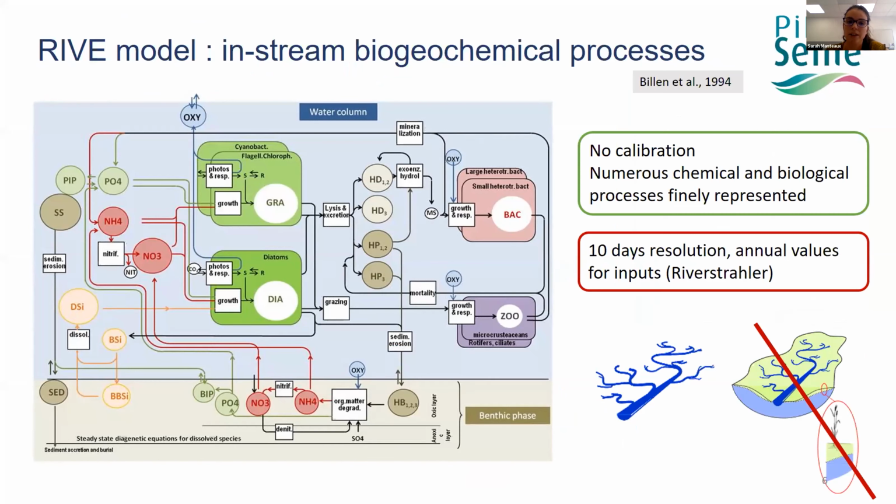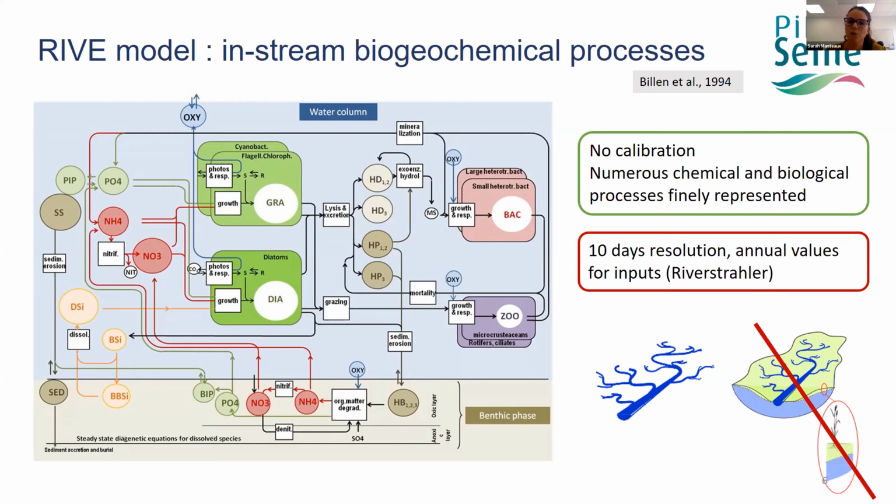And it doesn't require calibration, as the kinetics were established based on a lot of experiments. This model is often used with a hydrological model, for example, in Riverstrahler. This model has a 10 days resolution, and the inputs are mean values, and it doesn't take into account all the processes in the land.